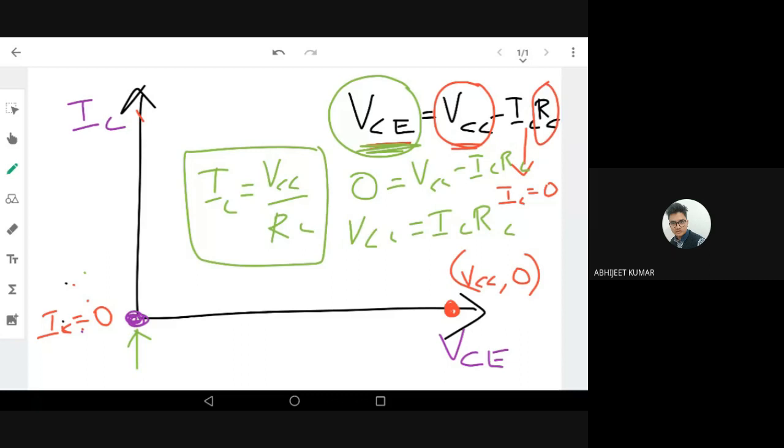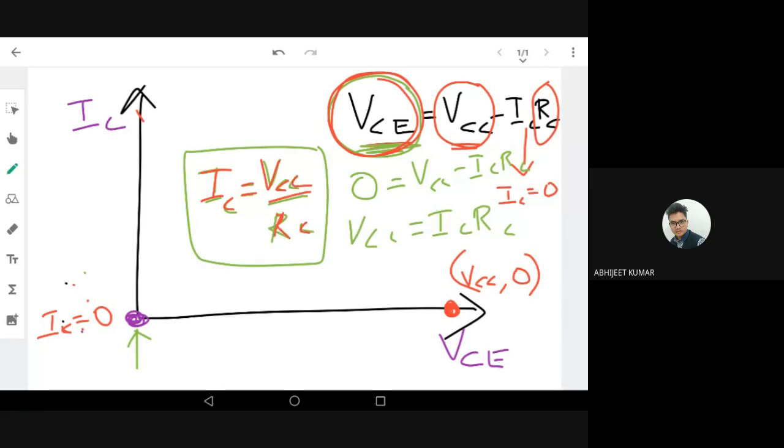We may change later, but for the time being, VCC and RC are fixed. We already designed the power supply and resistance. Now VCE is the variable. VCE can be zero when ICRC equals VCC. So the maximum value of IC comes when VCE is zero, that means VCC divided by RC.